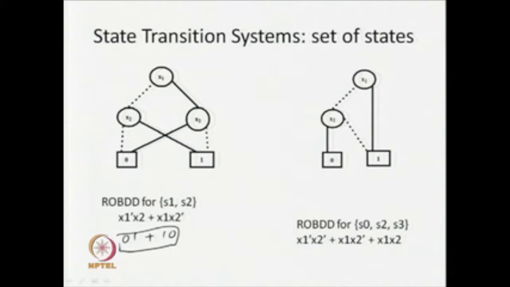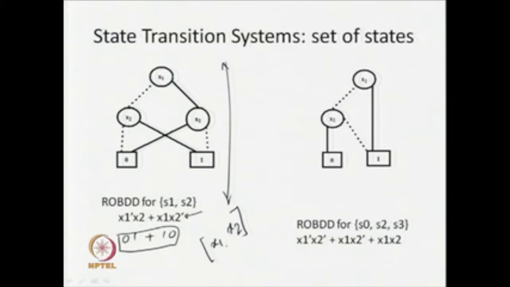Now, once I have this Boolean expression, we can construct the ROBDD for it, and we get this as our ROBDD. That means this ROBDD represents the set of states S1 and S2. And what is the variable ordering over here? The variable ordering is x1, x2. This is the variable ordering we are using to construct this BDD.